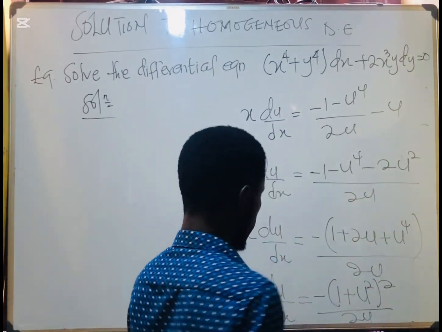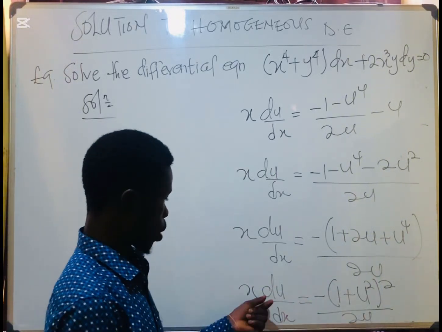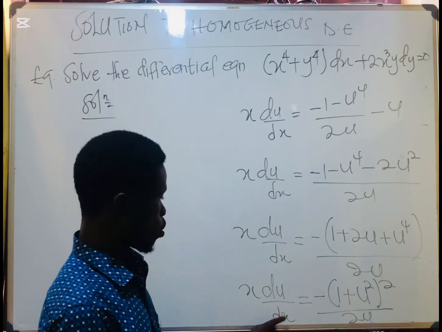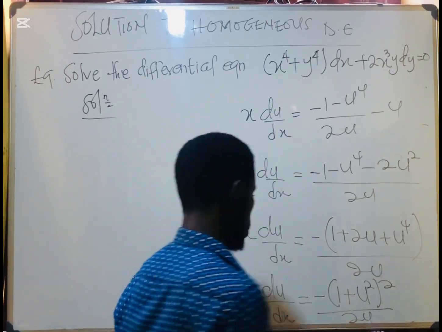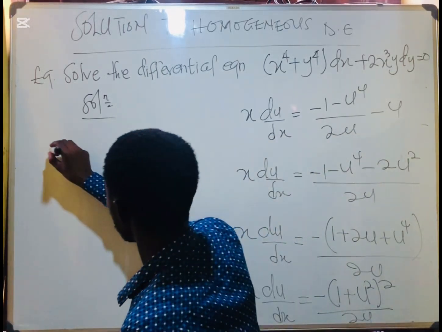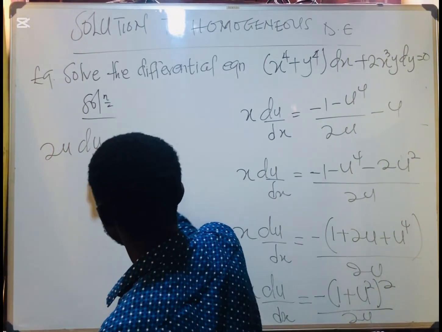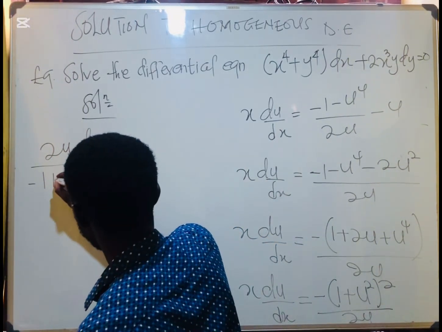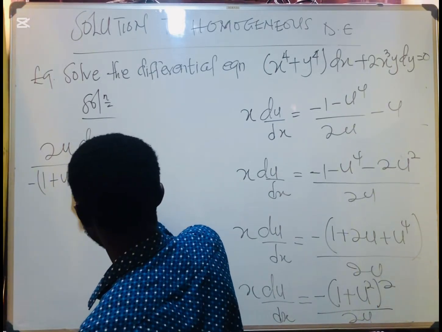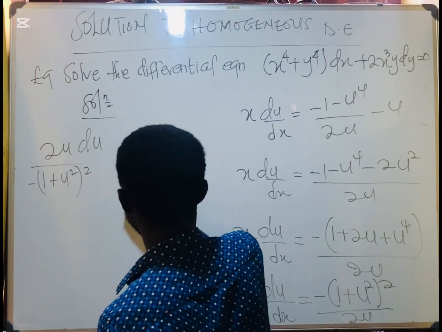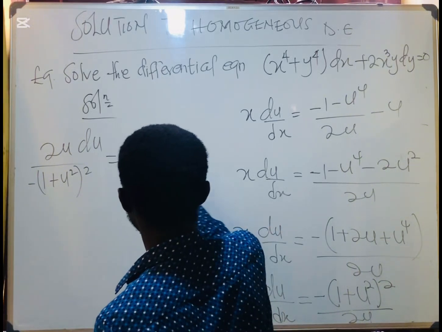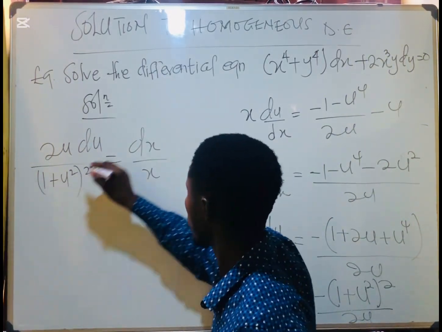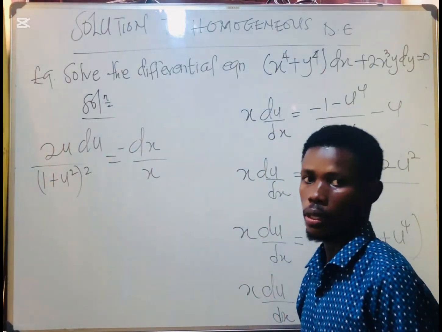I want all the u's to come here and the x to go here. So the 2u will multiply this over this, and here will be the x over x. Writing it straight, I'm going to have 2u du over (1 + u²)² equals negative dx over x. This is how you are going to have it. Let me maintain the negative here. Is that okay? Good.